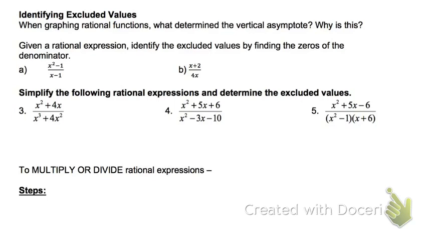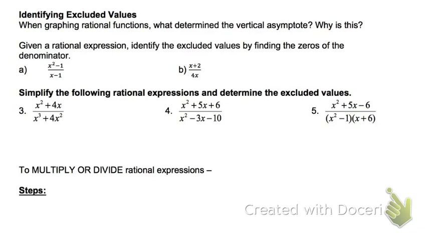Because if I had a number where the denominator was 0, like 1 over 0, what is that? Undefined. Because basically the graph just shoots off. It doesn't ever touch whenever the denominator is 0. So to find an excluded value, we're just going to set the denominator equal to 0. After we've simplified everything, then we set the denominator equal to 0.